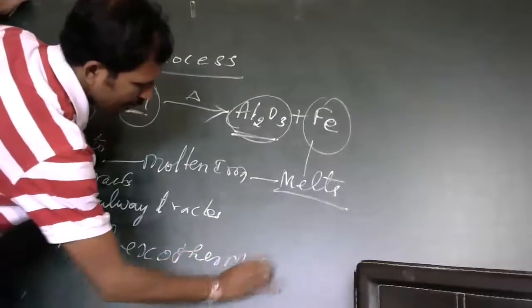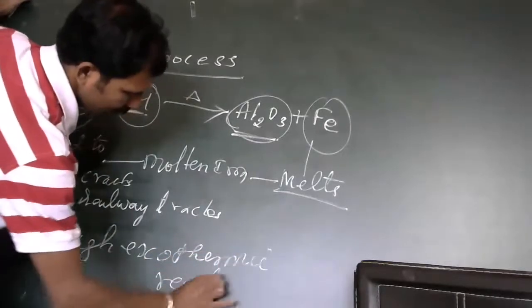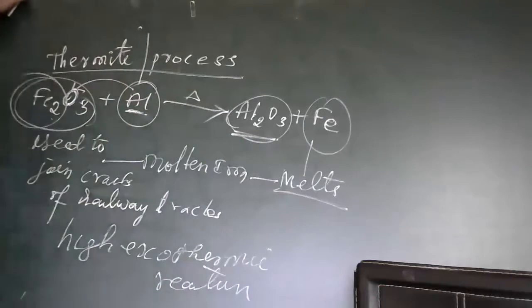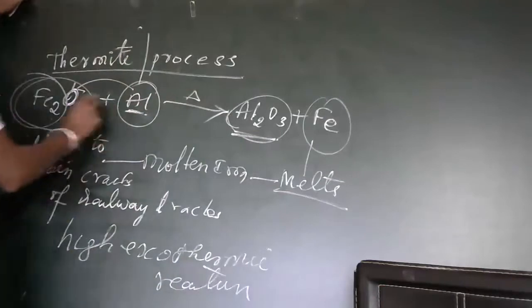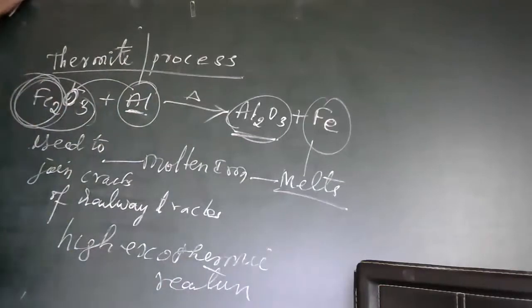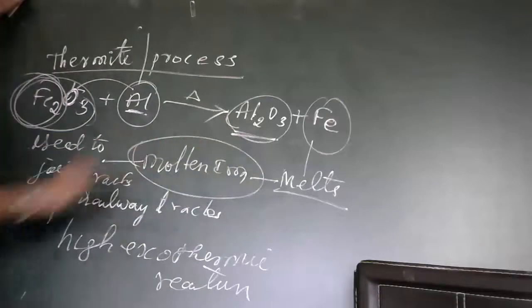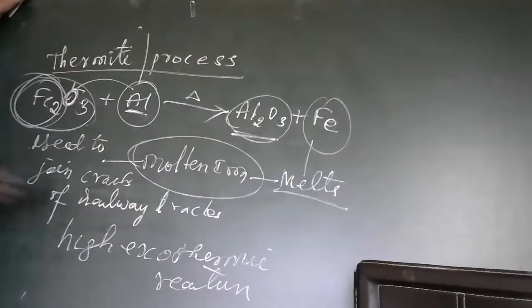It produces a lot of heat also. Because of that heat, the iron will melt and form molten iron, which is used to join the broken railway track. This is about the thermite process.